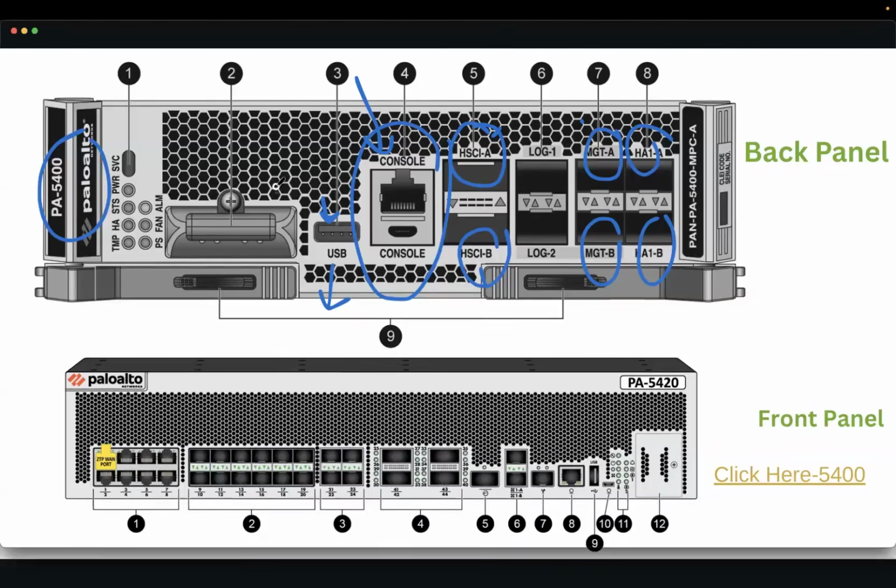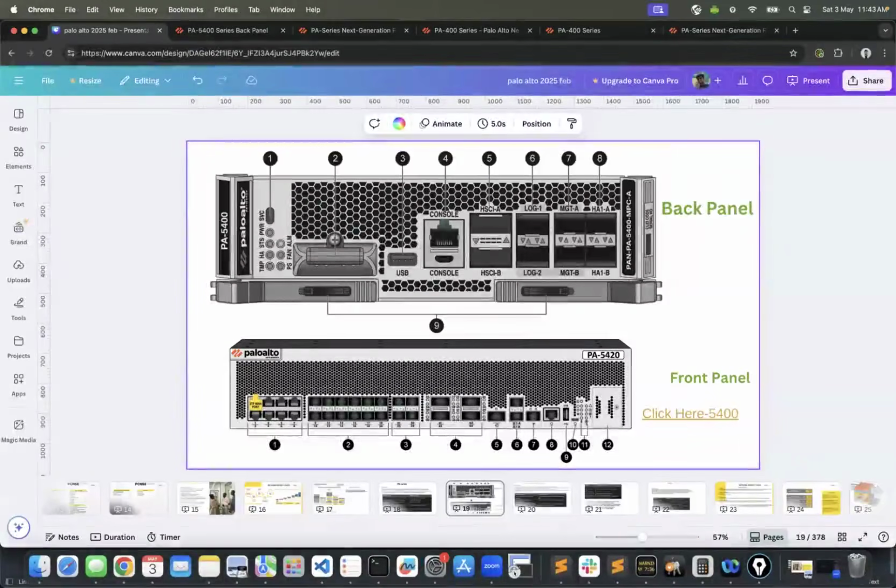So if you want to explore every model number, I have given a... Sorry, Ron. Sorry to interrupt you again. What is the difference between HSCI and what you told about high availability, HA1, HA2? But what about HSCI? Okay, very good.